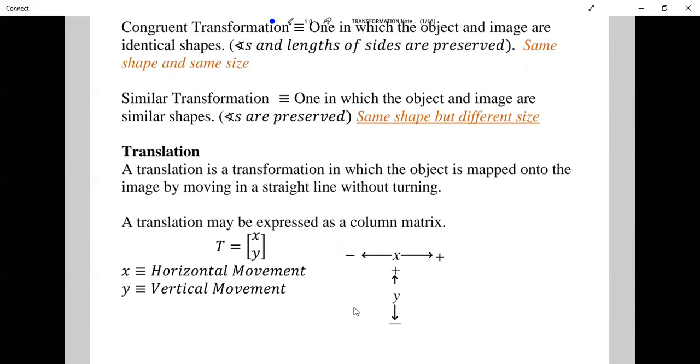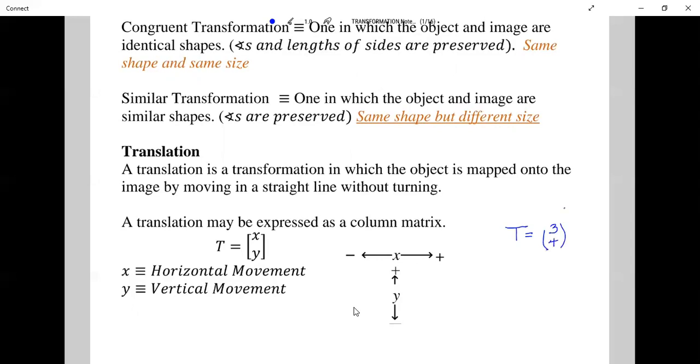Now, horizontally, if you move to the right, the value is positive. If the value is negative, you're moving to the left. Vertically, if the value is positive, you're moving up. And vertically, if the value is negative, you're moving down. So, for example, let us say you have a translation (3, 4).